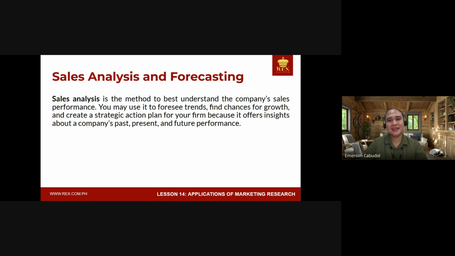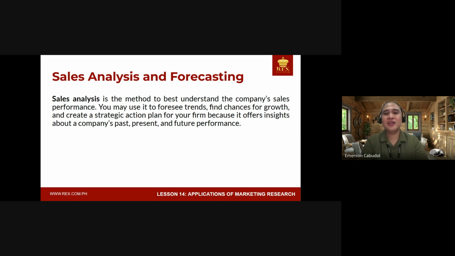Sales analysis is a systematic approach to evaluate a company's sales performance over time. So we examine historical sales data, we identify trends, patterns, and fluctuations that inform understanding of the market dynamics. This analysis helps in forecasting future sales, allowing companies to anticipate changes in demand and adjust their strategies accordingly.